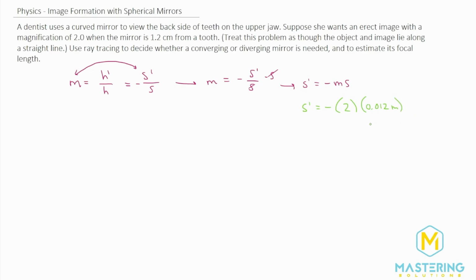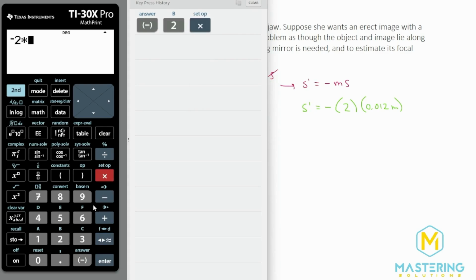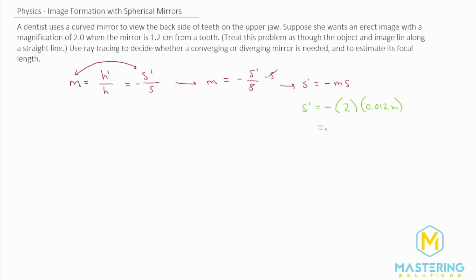So we have negative 2 times 0.012, which gives us negative 0.024 meters, which is also 2.4 centimeters. This is the location of where the image is going to form for this mirror.